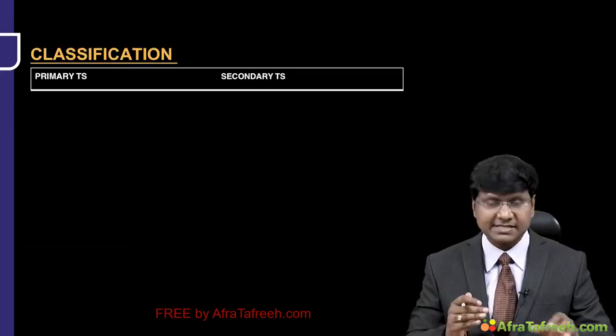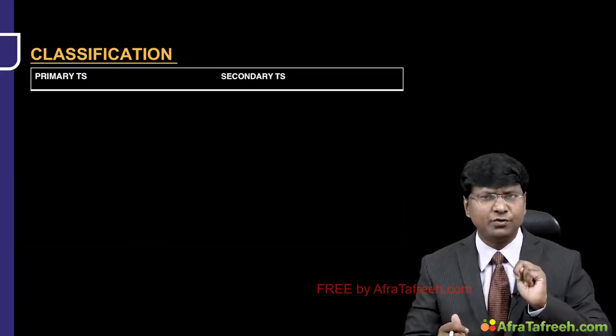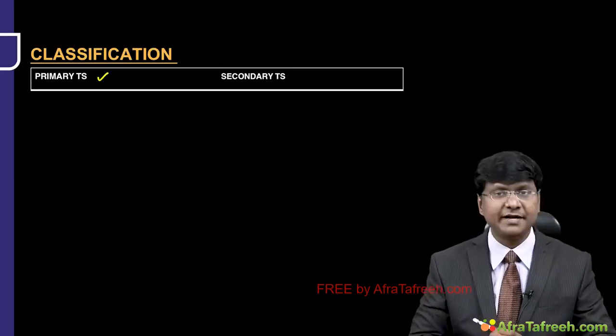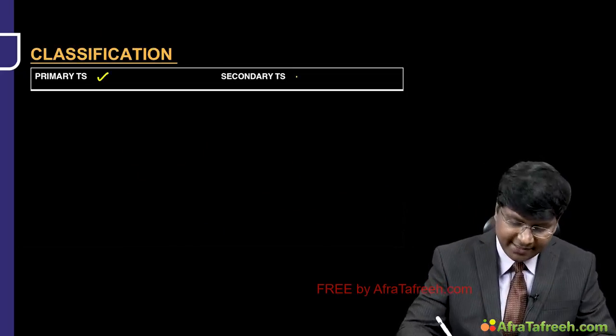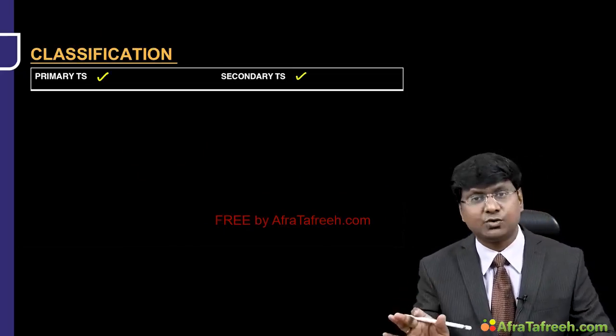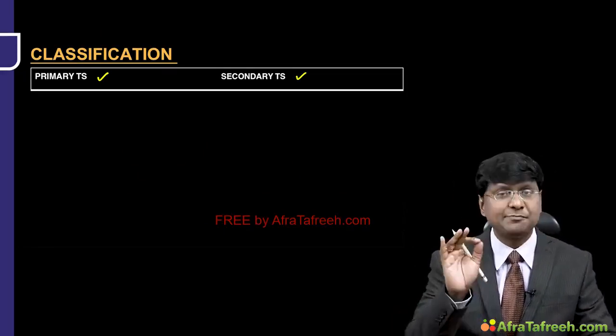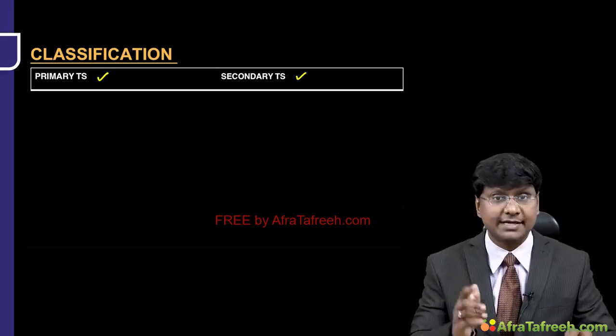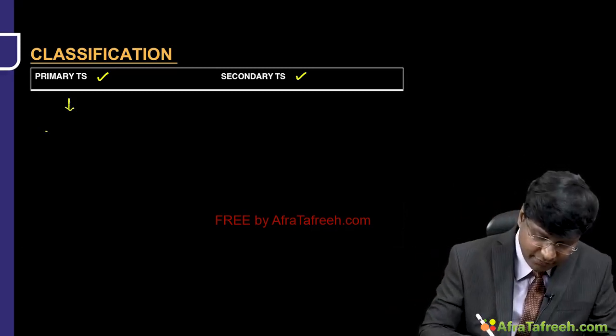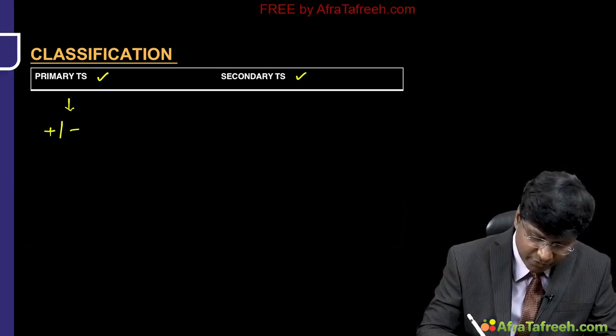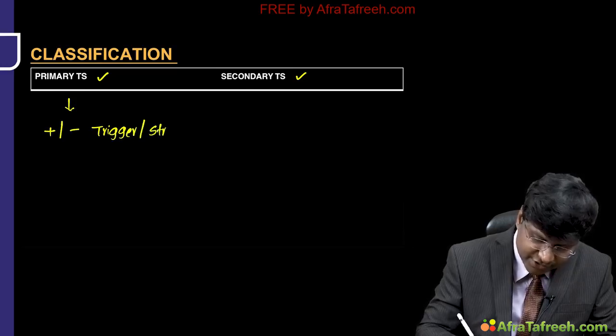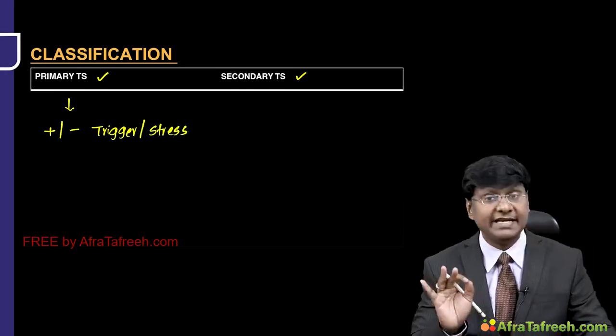Now if you take Takotsubo cardiomyopathy, we have two forms. One is primary Takotsubo cardiomyopathy and the other one is secondary Takotsubo cardiomyopathy. The primary form is the one which occurs with or without a trigger, with or without a stress or stressful event.